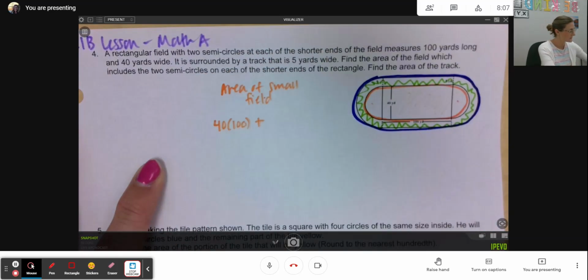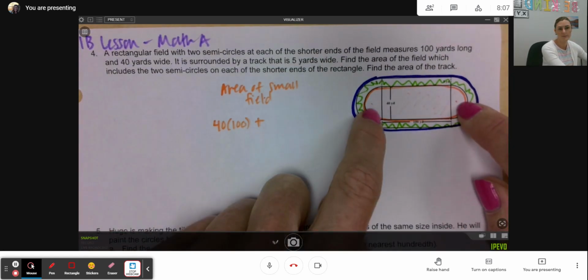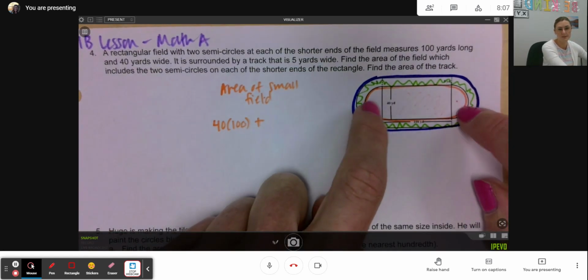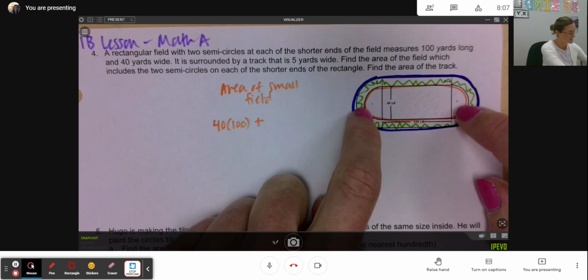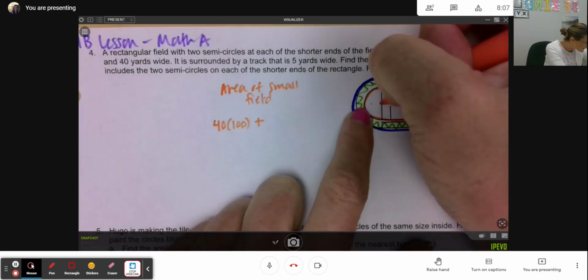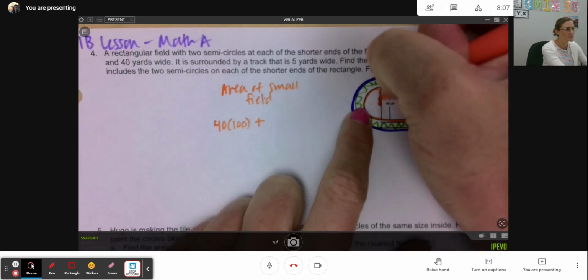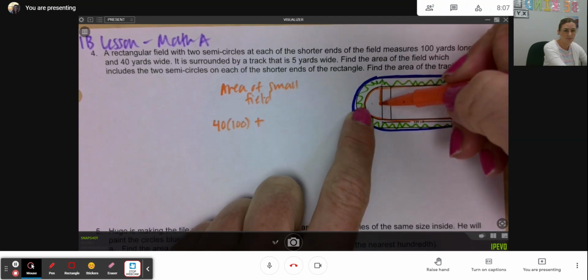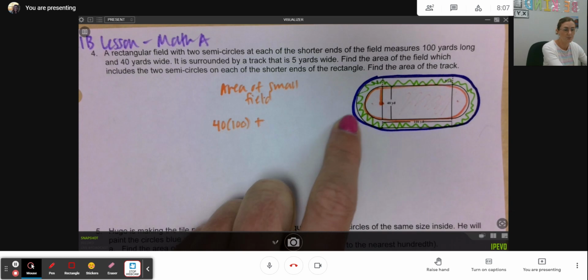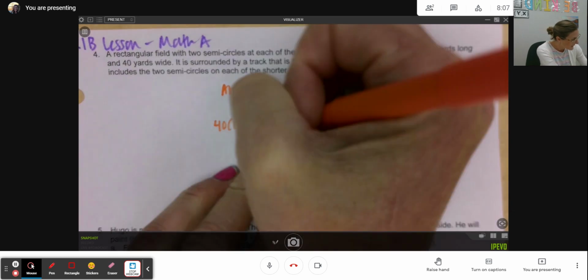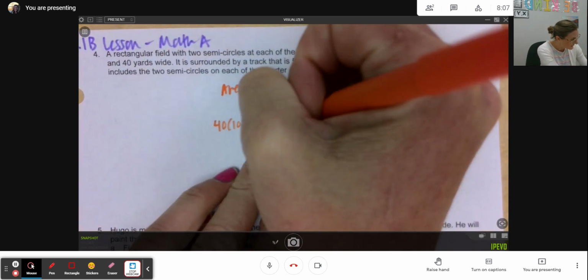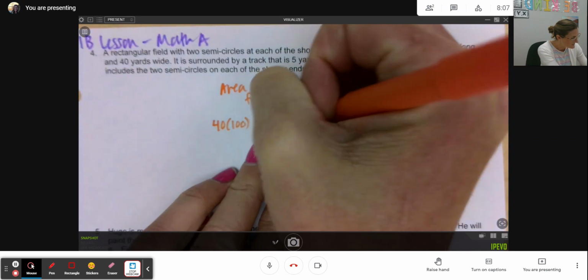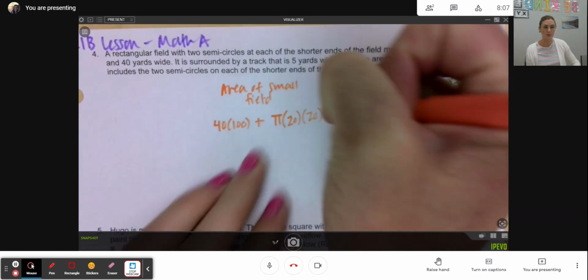But it also consists of really a full circle because it's two semicircles, or two half circles. So I have to figure out what the radius of this circle is. And the radius would just be halfway across. So my radius is half of 40, or 20. So then it's pi times the radius squared, or times 20 times 20.